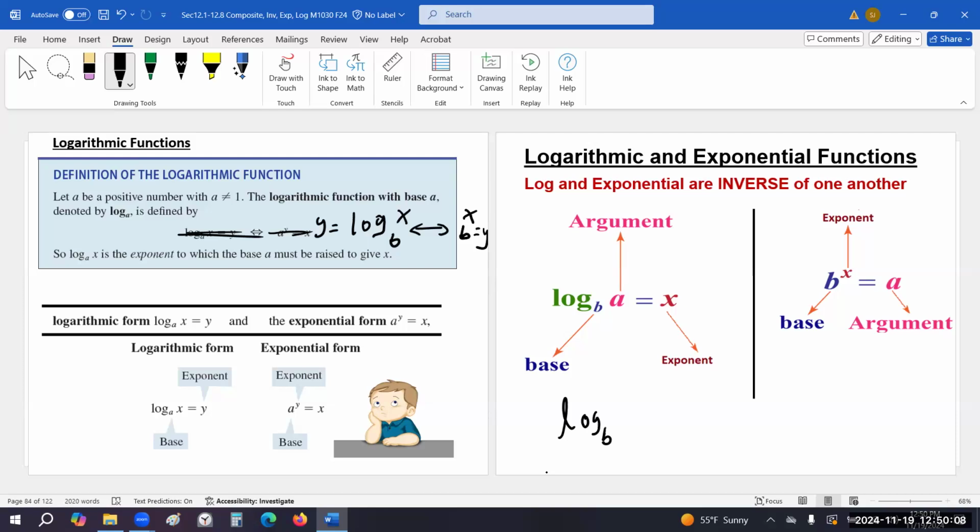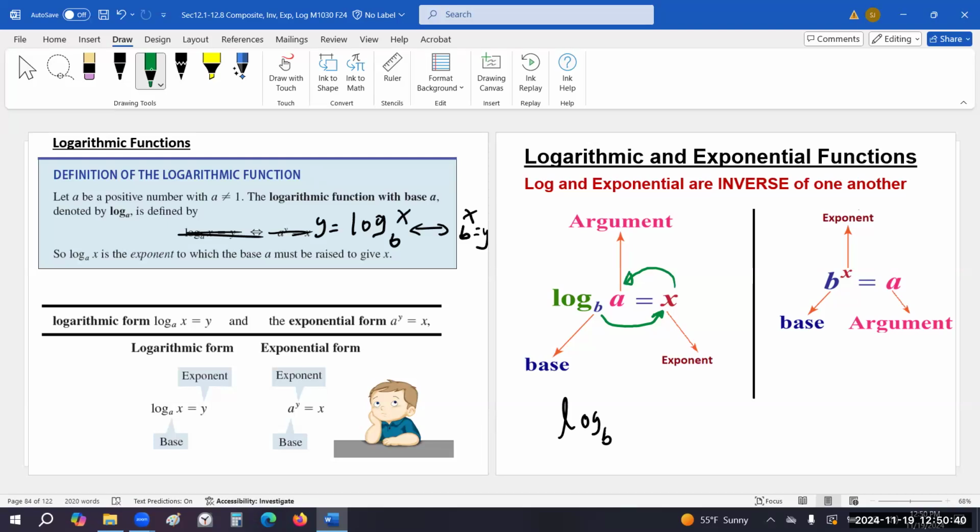We can rewrite the same form into exponential form by switching the position. b gets the power x, and it equals the argument. It's like a cycle. b goes to x, takes it as a power, and whatever we get, we set equal to a.